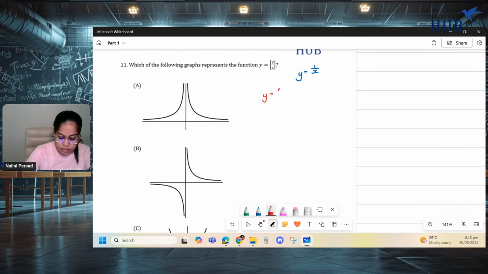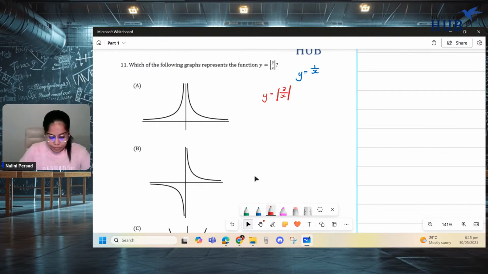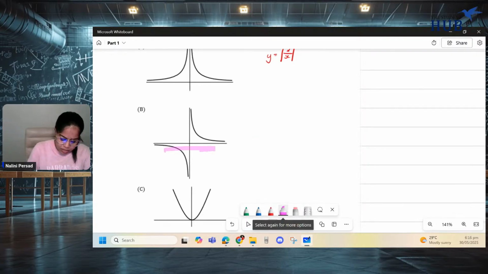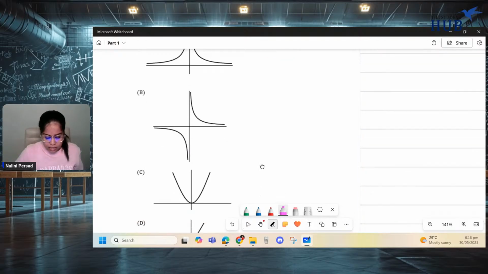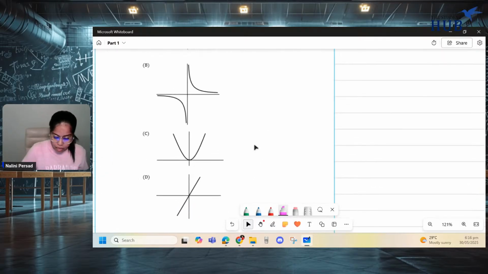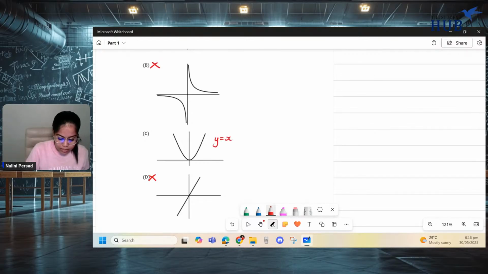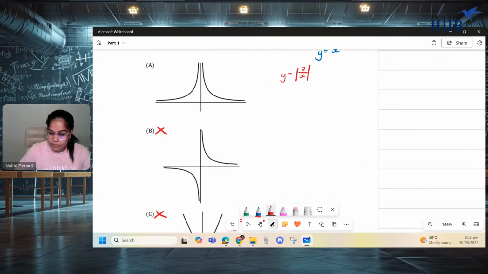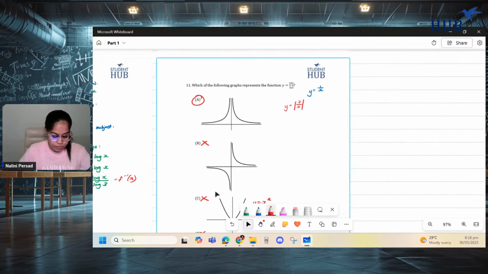Everybody, these signs, mod 3 over x, that's your modulus sign. Modulus means positive. Do I have anything below the x-axis with a modulus graph? Absolutely not, right? So that's correct, option A, y is equal to mod of 3 over x.